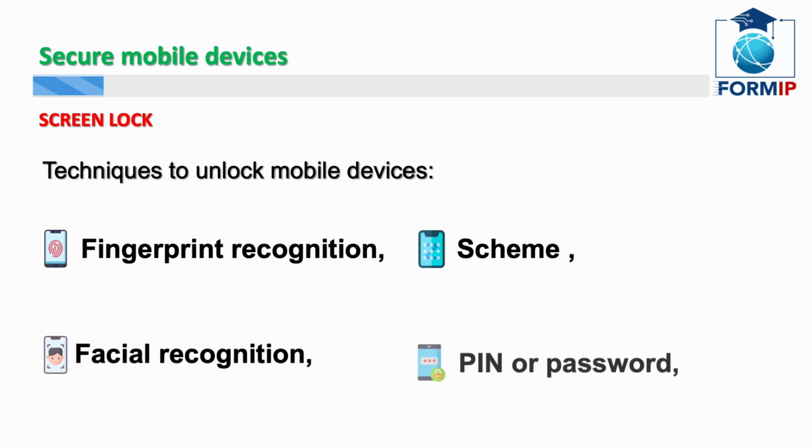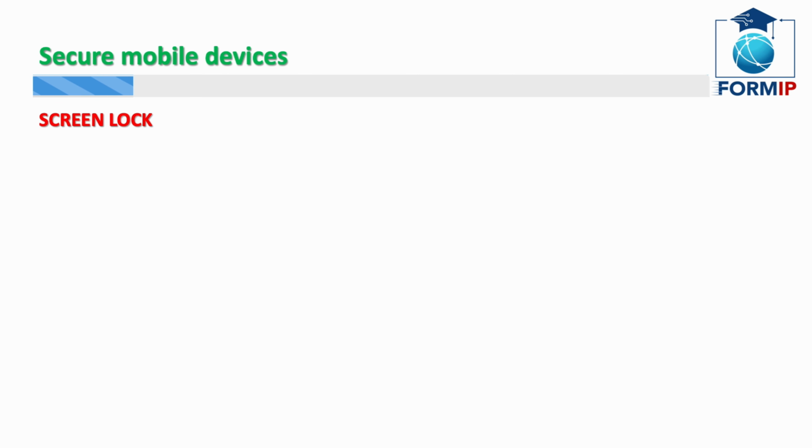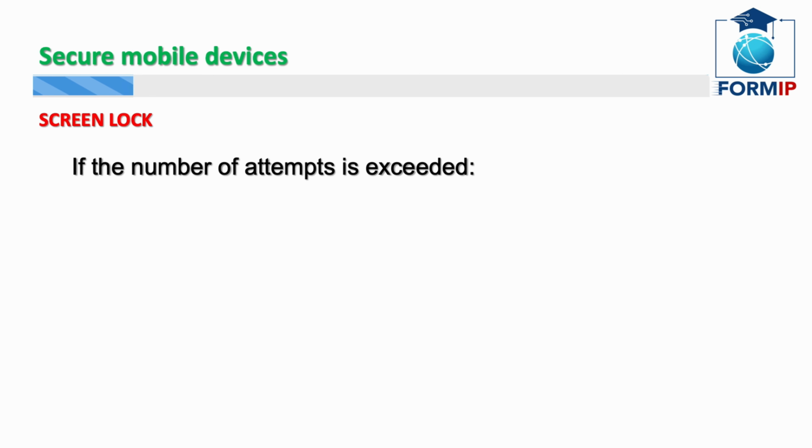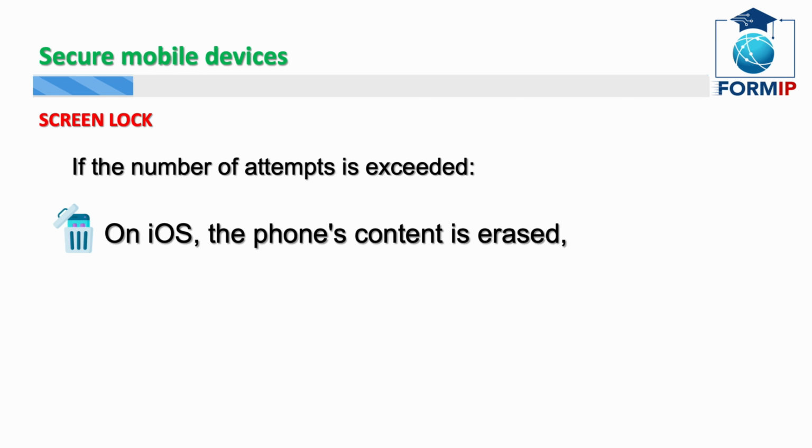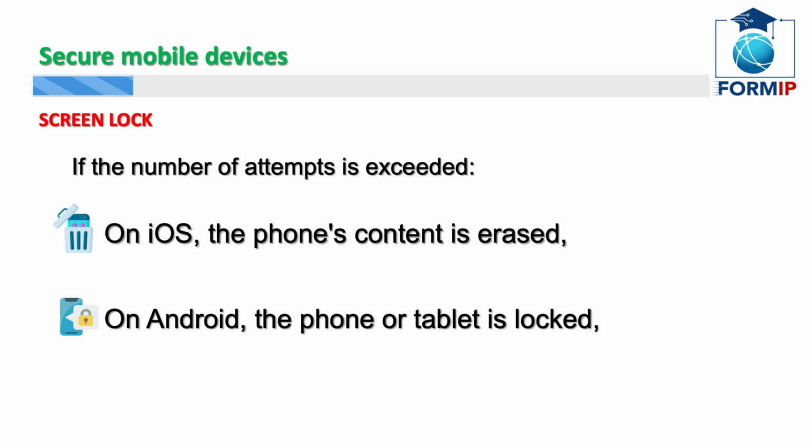PIN or password. These devices are set to have a maximum number of attempts to unlock the screen, and if the number of tries is exceeded, well, on iOS, the content of the phone is erased. On Android, the phone or tablet is locked, and you have to unlock the device by logging in to the Google account linked to that device.